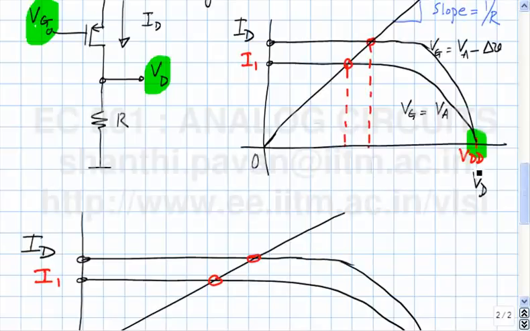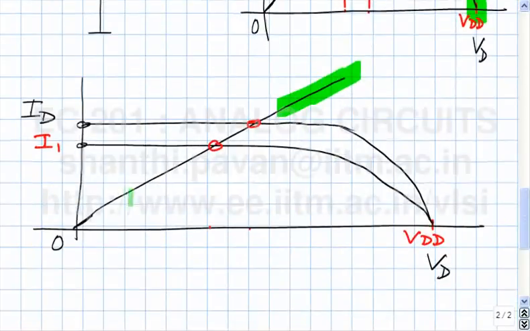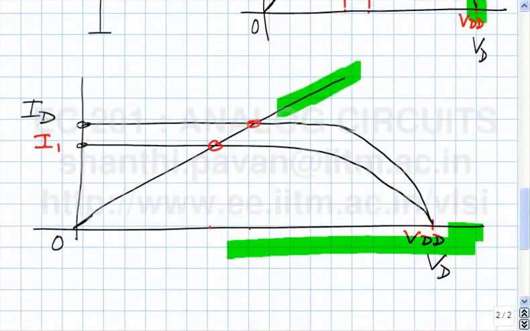If I wanted 10 times the gain, I would have to increase R by a factor of 10, because the lower that slope, the larger the gain is. So to get 10 times larger gain, I would have to make this slope 10 times smaller, which means that the VDD will have to be pushed out by a factor of almost 10. Does that make sense?